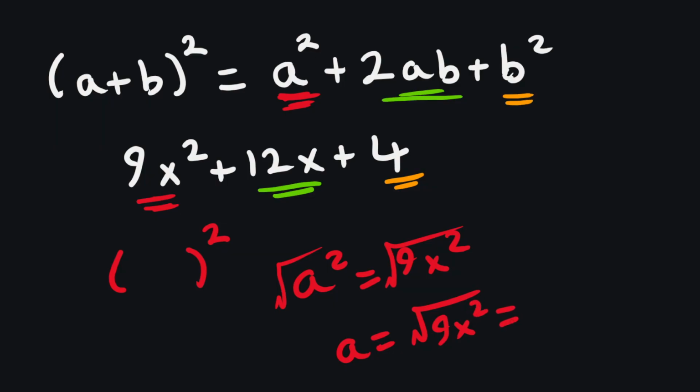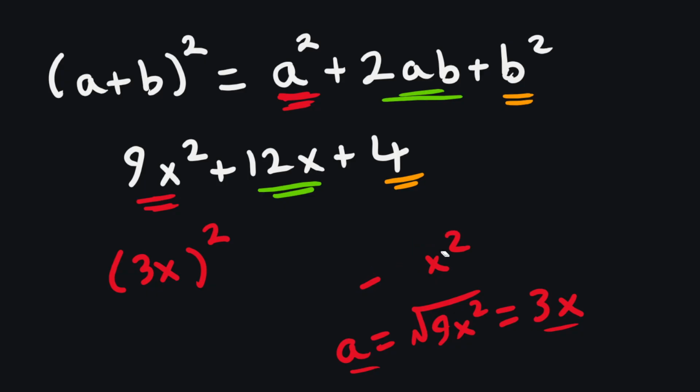And what's the square root of 9x squared? Well, using the quotient rule for radicals, the square root of 9 is 3, times the square root of x squared, which is x. Therefore, a is 3x. So let's write 3x over here, and let's erase some of these.